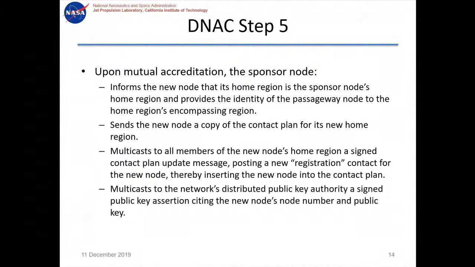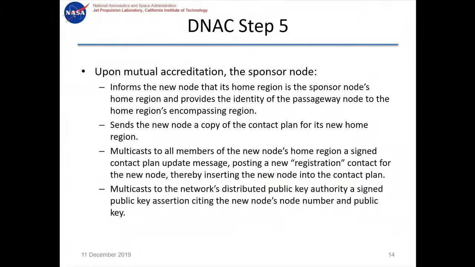We need to work those out. We have discovered a contact, and that's fine, and we can schedule some contacts in the future. But for now, what I'm passing to you is the contact plan for all the contacts among all nodes within your new home region. So if you need to talk to somebody in your home region, here's the plan you can use to figure the route for those bundles.